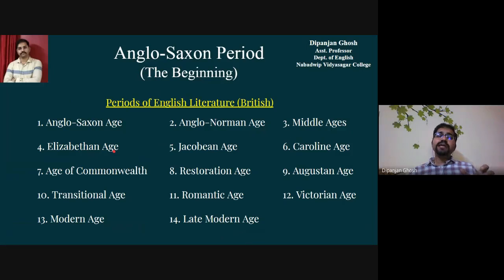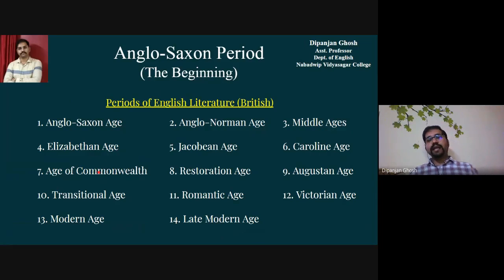After the Elizabethan period, that is, the reign of Queen Elizabeth, comes the Jacobean period, which begins in 1603 when King James I comes to the forefront. Then comes the Caroline age, marked as the Caroline period. Then comes the age of the Commonwealth, from 1649 to 1660, when there is the particular reference to Oliver Cromwell.